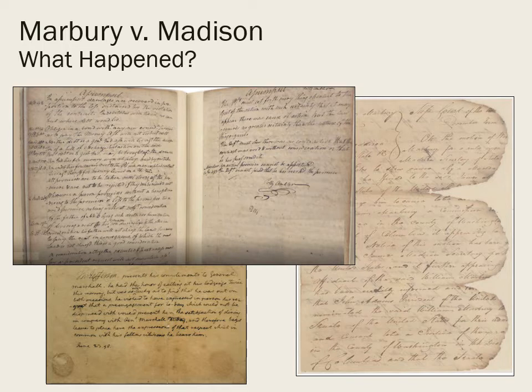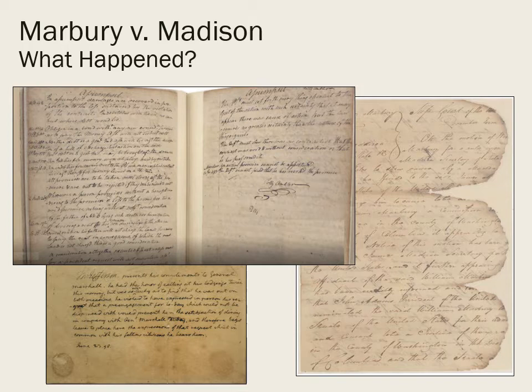So Marshall says, okay, yes, Marbury has the right to the appointment, but the Judiciary Act of 1801 actually conflicts with the Constitution. And the Supreme Court doesn't have the power to tell the Secretary of State what to do in this case.